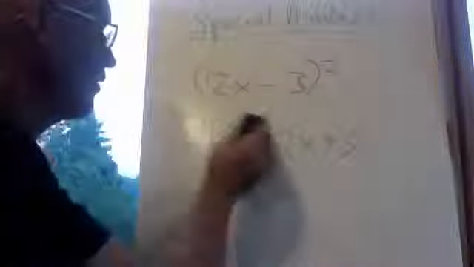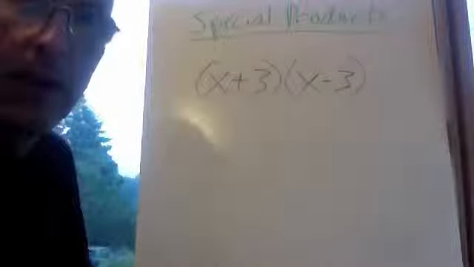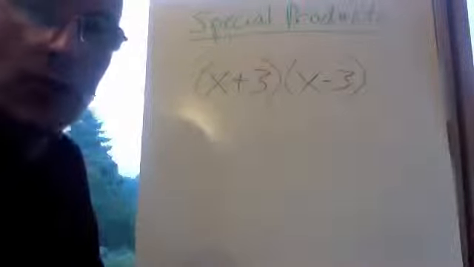There's one last special one, and this truly will save you some time. If they gave you one that was the same, let's do 3, but the only difference is one is plus and one is minus, this is called the difference of two squares.